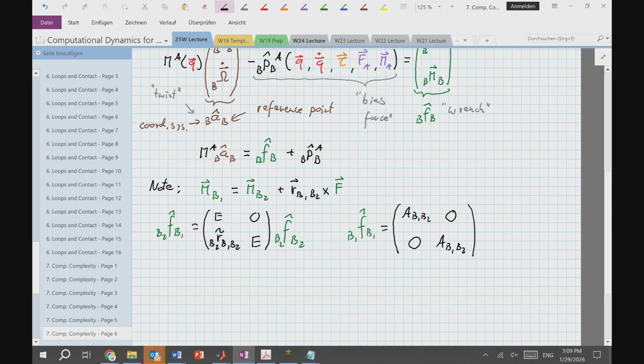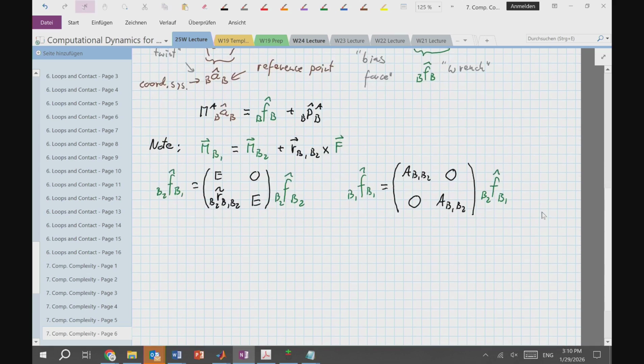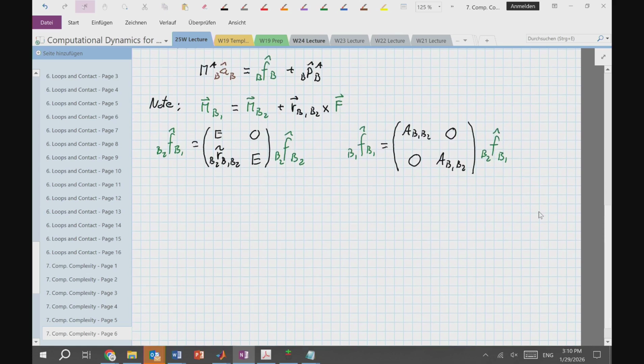There's no coupling, and I simply have to multiply my vector in B2 coordinates with this matrix to get my vector in B1 coordinates. And now I can put these two steps together and basically change coordinate system and reference point at the same time.